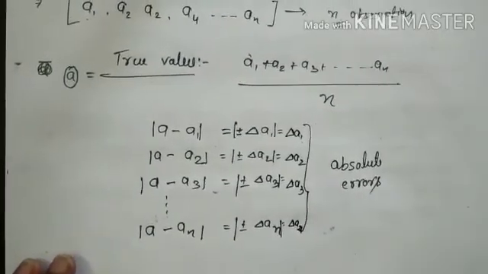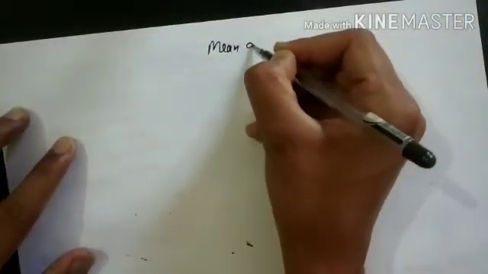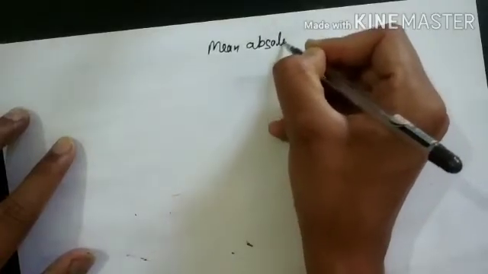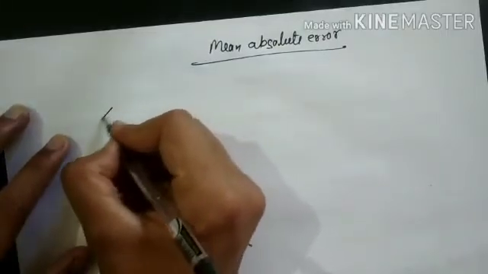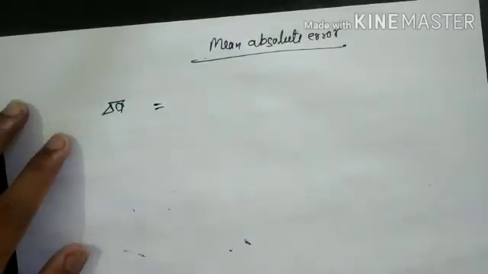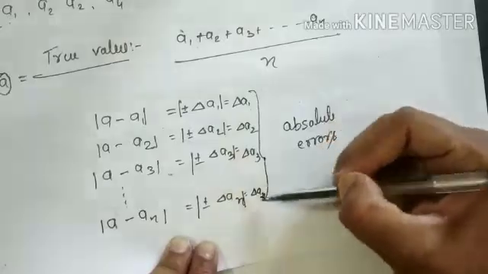Now, what is mean absolute error? Mean absolute error, delta A bar, is the average of all the absolute errors. We have these absolute errors in each observation and we can take the average of these.